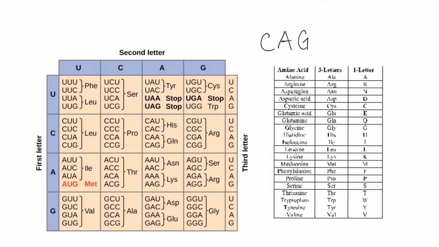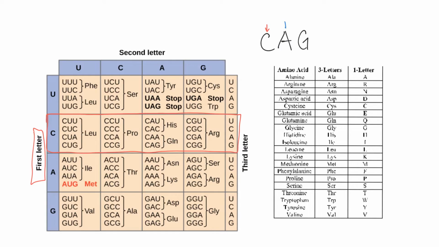The first letter in the sequence is a C. On the codon chart, the first letter is on the left-hand side. The first letter tells us what row we need to be looking in, and in this case it's the row of C. So our amino acid is going to be in that row.